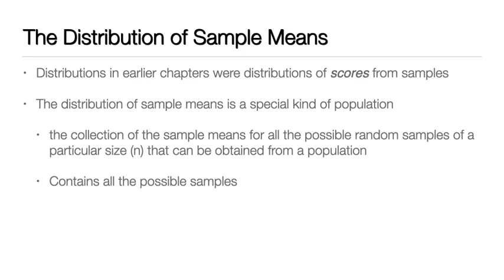It has all of the possible random samples of a particular size from a particular population. This is a distribution of statistics, not a distribution of scores. So far, we've only been dealing with distributions of scores. Now we're dealing with distributions of statistics.